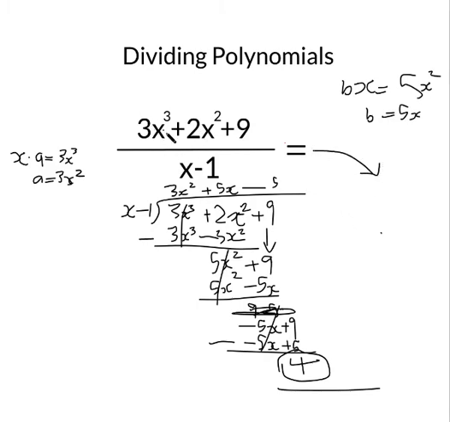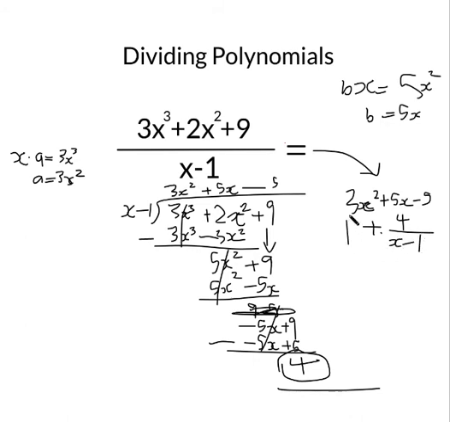The answer to 3x cubed plus 2x squared plus 9 divided by x minus 1 is the set of terms we got on top, and we add it to the remainder divided by the divisor.